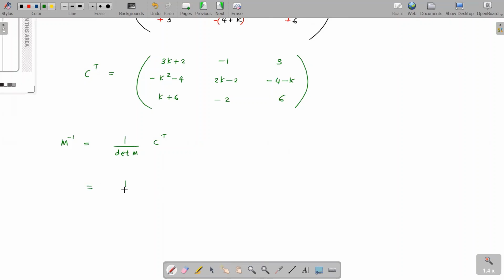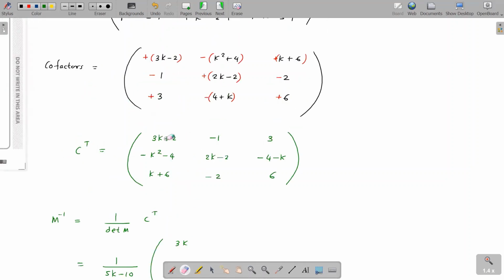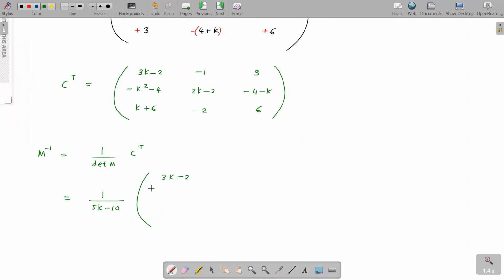So what was the determinant then? 1 over 5k minus 10 times the cofactor matrix. 3k minus 2, right? 3k minus 2 here, right? 3k minus 2, minus k square minus 4, k plus 6, minus 1, 2k minus 2, minus 2k minus 2, and then minus 2, and then 3, minus 4 minus k, and 6. Are you okay with it? This is your inverse matrix. Is this clear?